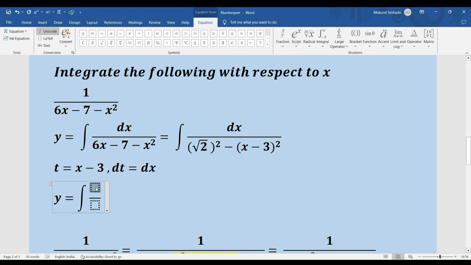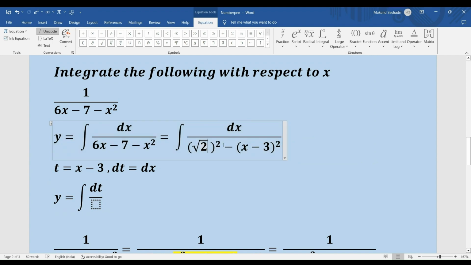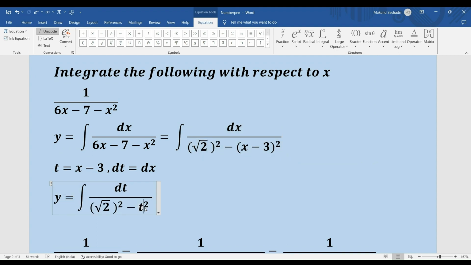Integral of dt, because my dx equals dt, and then my root 2 the whole square remains as it is, and then my x minus 3 the whole square becomes a t square. Okay, now we have reduced it to the form integral of dx by a square minus x square, right?